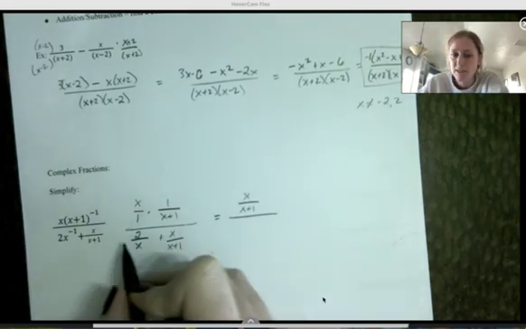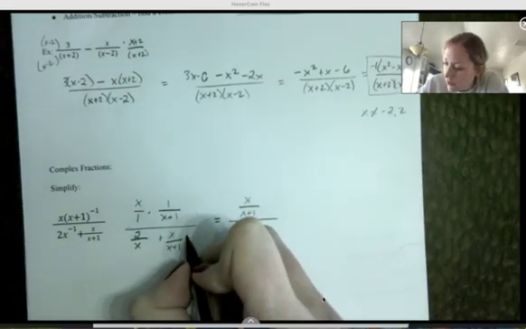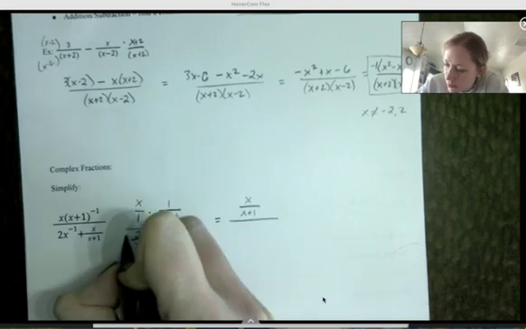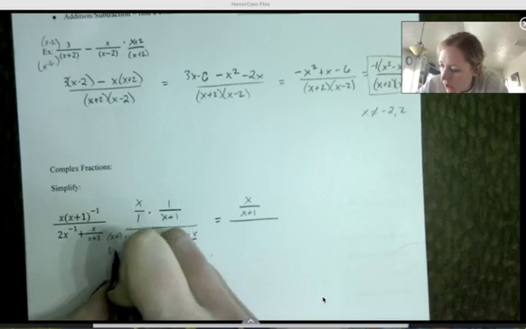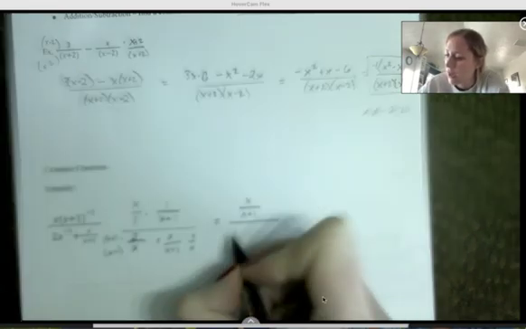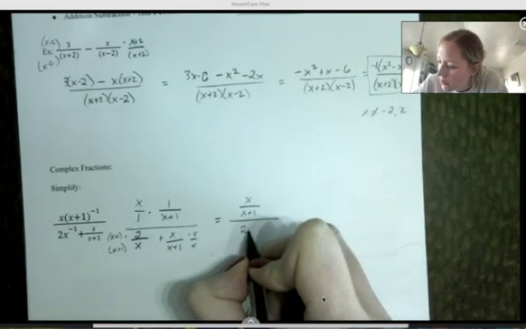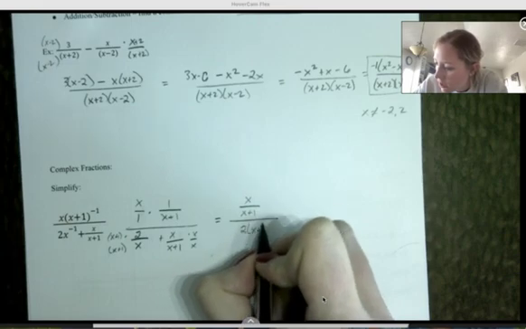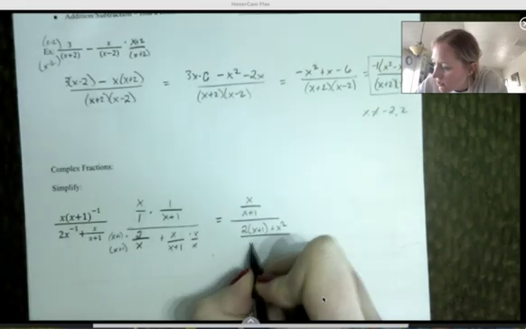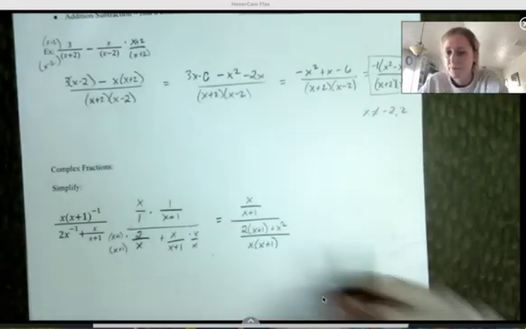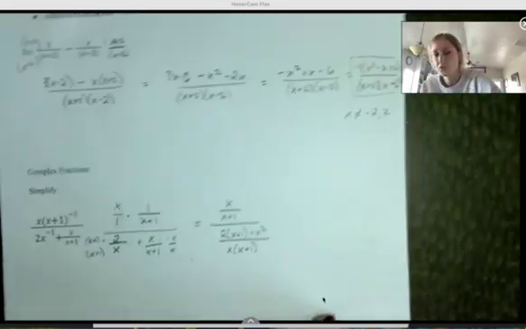Here, I need a common denominator to add, so I'm going to multiply this one by x and this one by x plus 1. So we've got 2 times x plus 1 plus x squared over x times x plus 1. Okay, so this turns into multiplication.